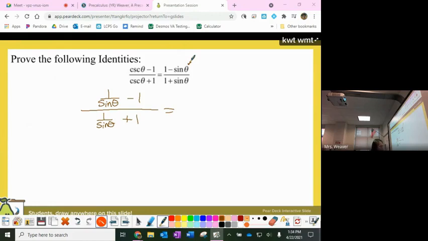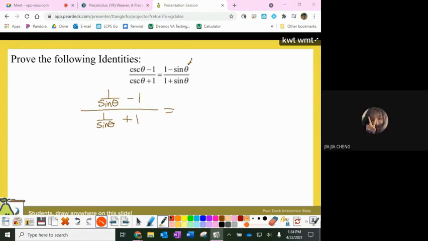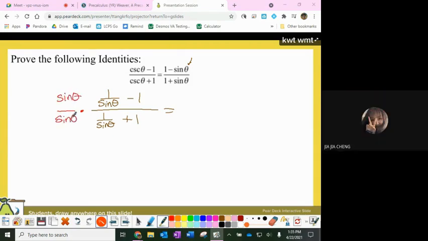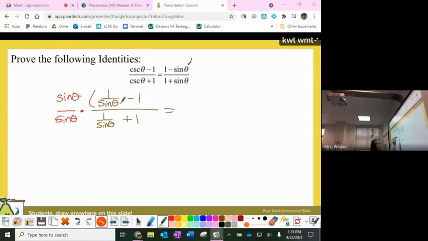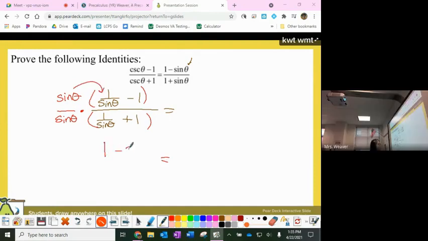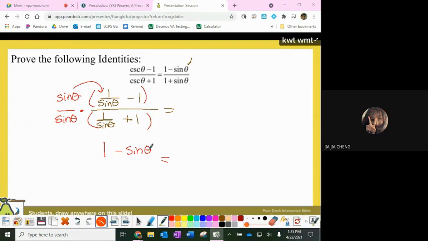Yep. And then multiply both numerator and denominator by sine theta. Okay. And then I got 1 minus sine theta, over 1 plus sine theta.